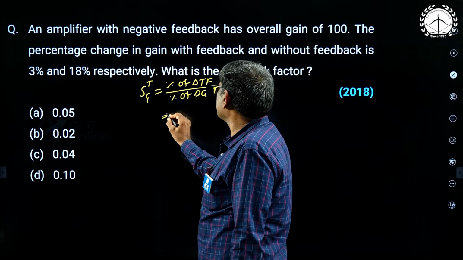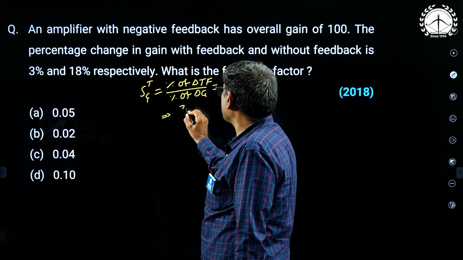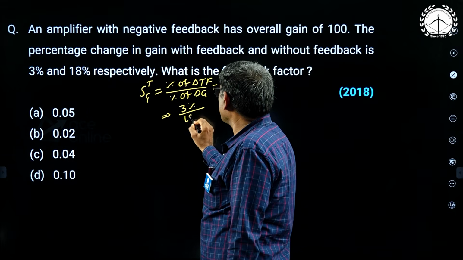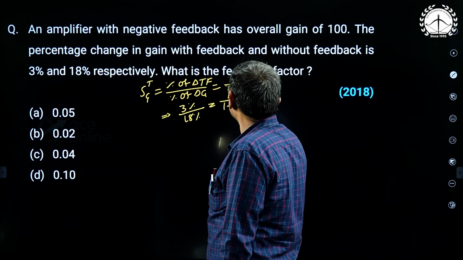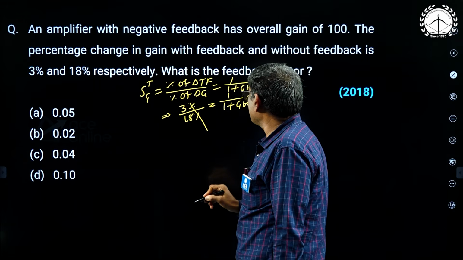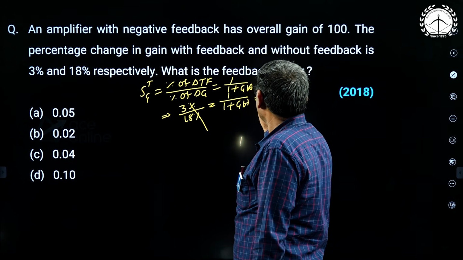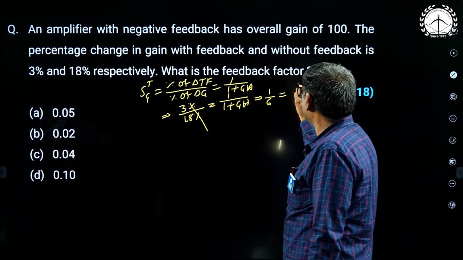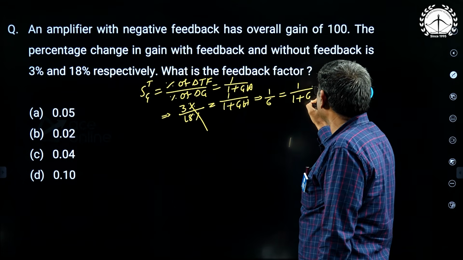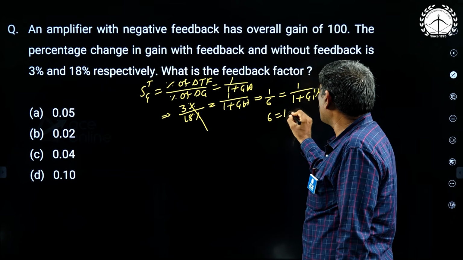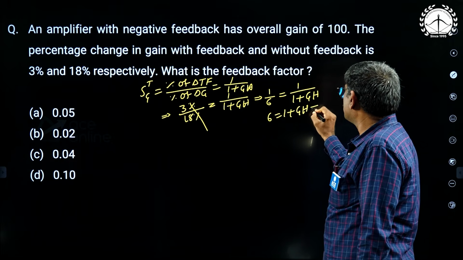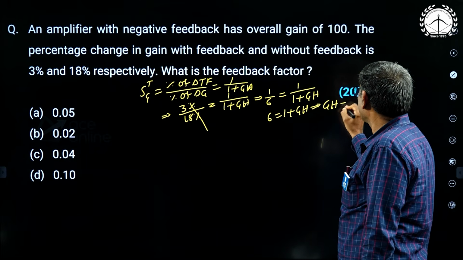So 3% divided by 18% equals 1/(1 + GH). The percentages cancel, giving 1/6 equals 1/(1 + GH). So 6 equals 1 + GH, and GH equals 5.